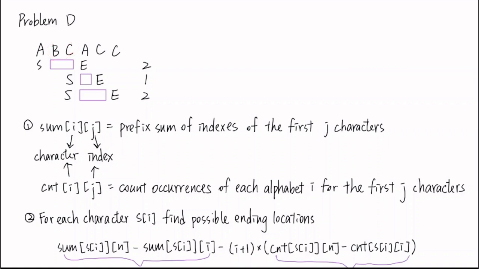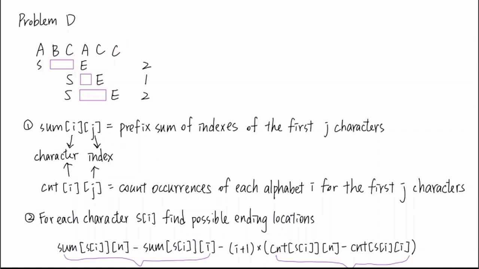And another possibility is to start at C. So if we start at the first C and end at the second C, then this would form 1 palindrome, CAC. And afterwards, if we start at the first C and end at the last C, then this would form 2 palindromes.